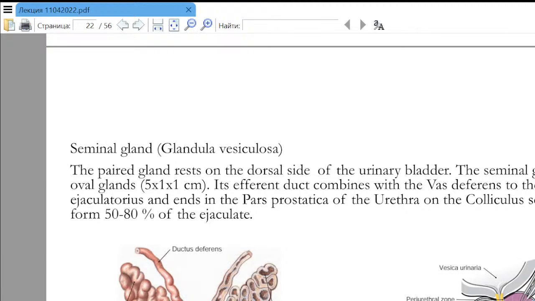Its efferent duct combines with the vas deferens to form the ductus ejaculatorius, which ends in the pars prostatica of the urethra on the colliculus seminalis.